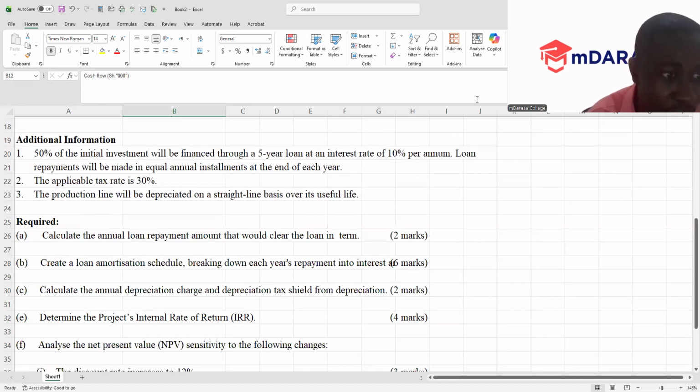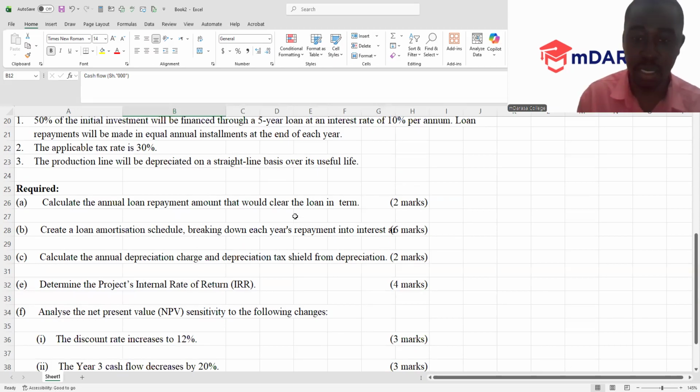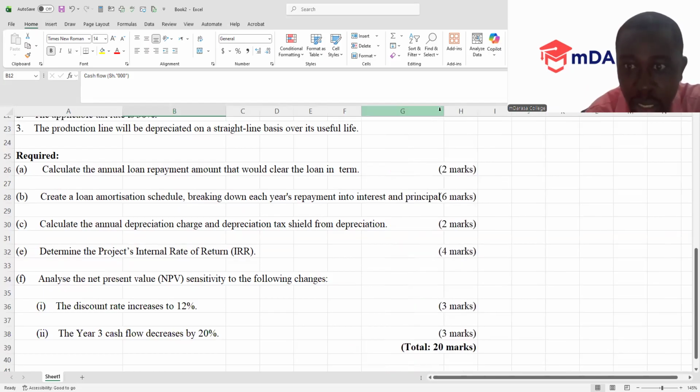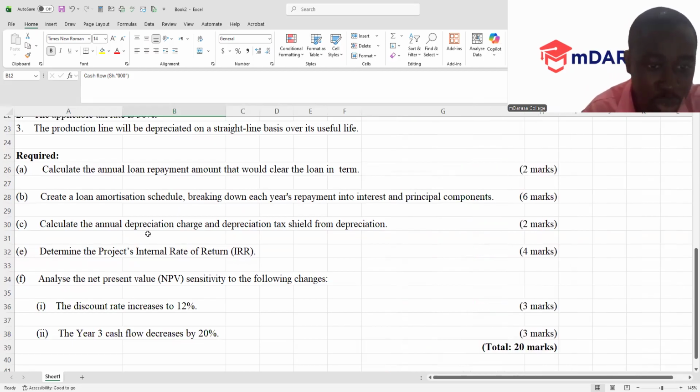Amongst the requirements, the examiner wanted us to determine, number one, the annual loan repayment amount that will clear the loan in term. Two, create a loan amortization schedule, breaking down each year's repayment into interest and principal value. Three, calculate the annual depreciation charge.